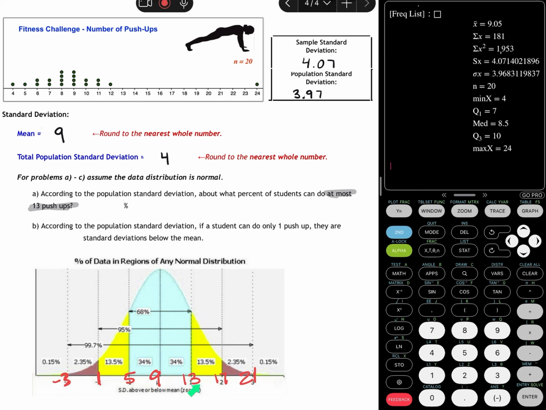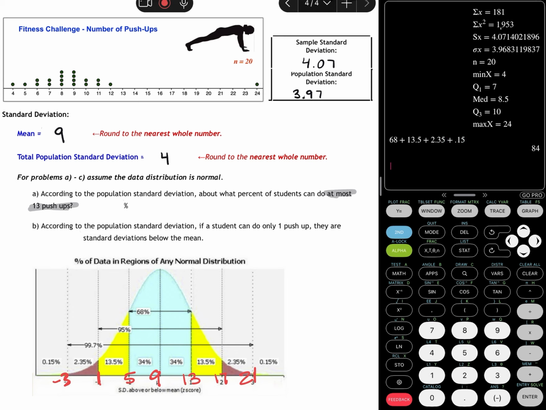So at most 13 means no more than 13, so you're going to add up all of those. So that'd be 68, because that's 34 times 2, plus 13.5, plus 2.35, plus 0.15, and so your answer would be 84%. Right? So that means that 84% can do at most.